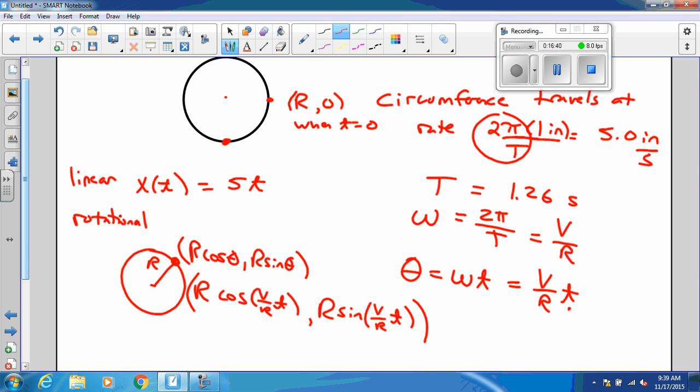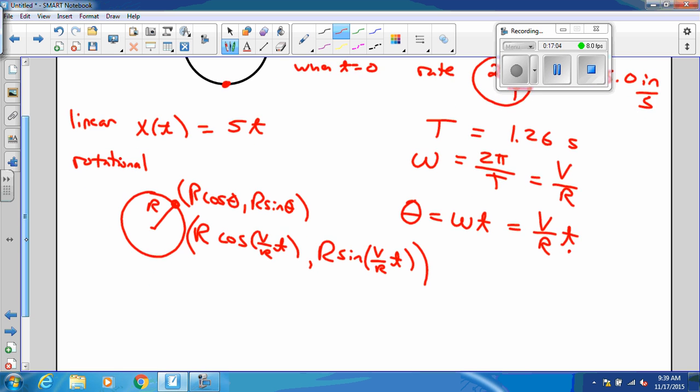And that's the wrong point on the circle. That's the wrong place in the circle. So what I'm going to need to do is to adjust this angle just a little bit so that I'm actually down at the bottom when t equals 0. So I can do that by subtracting pi over 2 from my angle to get me down at the bottom when t is equal to 0.